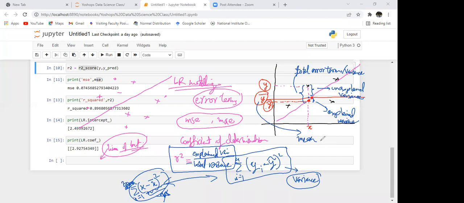Because mean gives the average. Mean gives the central tendency of the data, and here we are comparing, so that is the reason we are taking mean. We should take some measurement that gives the central tendency of the data.